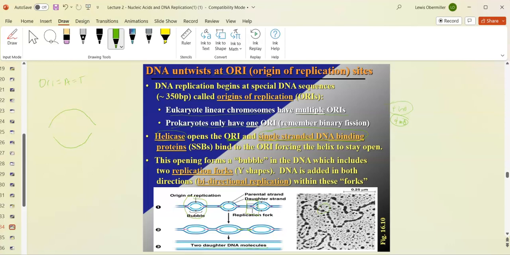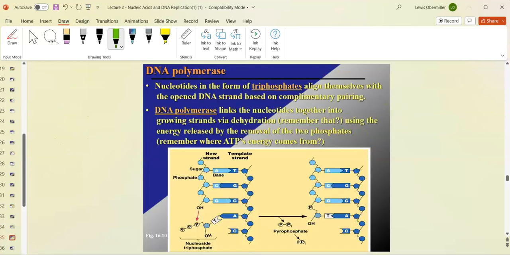So we talked about the bubble. We talked about the replication forks. There's two forks, right? And they're quite different from one another, and we'll talk about that. DNA is added in both directions, so it's bidirectional. All right, nucleotides come in the form of triphosphates.